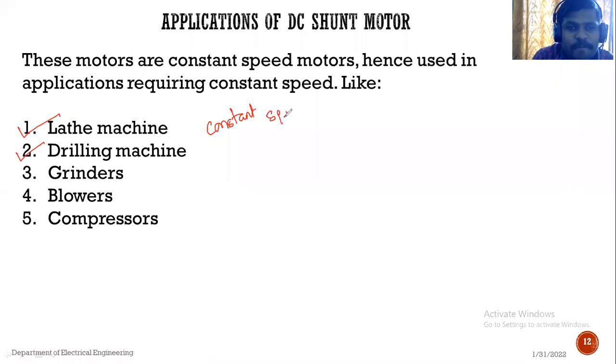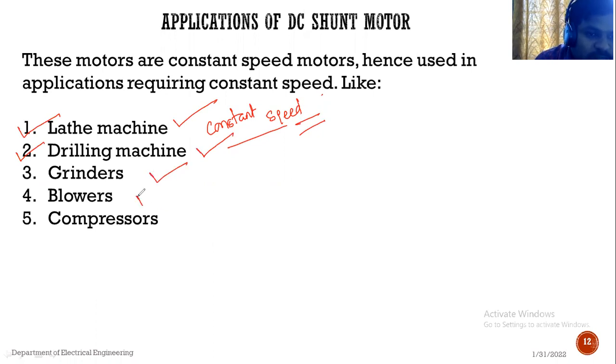Constant speed पाहिजे. Third is grinders. Fourth is blowers. Fifth is compressors.